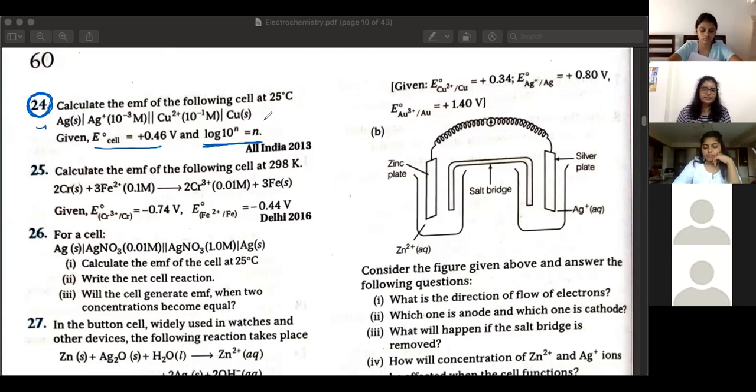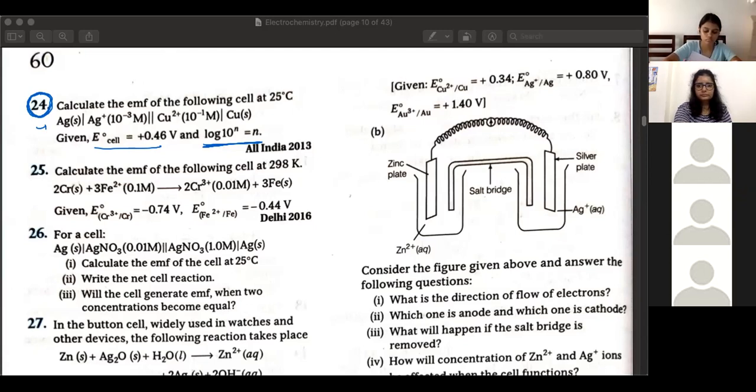You need to be careful with how many electrons and also that part.